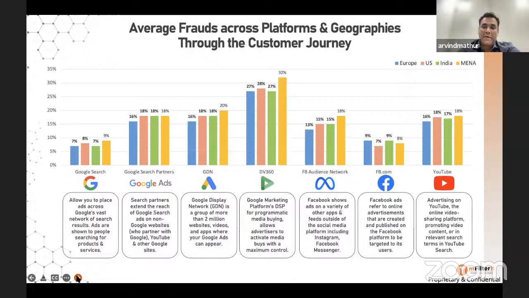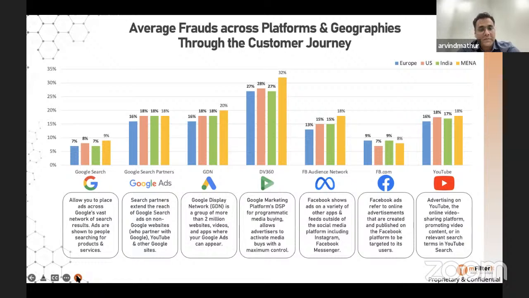In fact, programmatic happens to have one of the largest kinds of fraud, and these are just averages, which means we've seen campaigns that have been really worse. Probably even a purely Google search campaign happens to be one of the cleanest forms of campaigns, but even that would offer you about 9 to 10% savings, right?